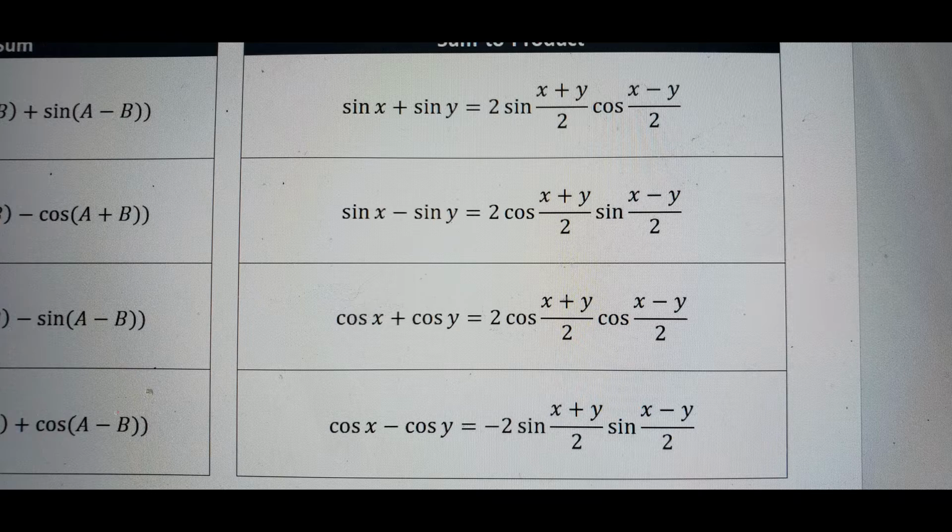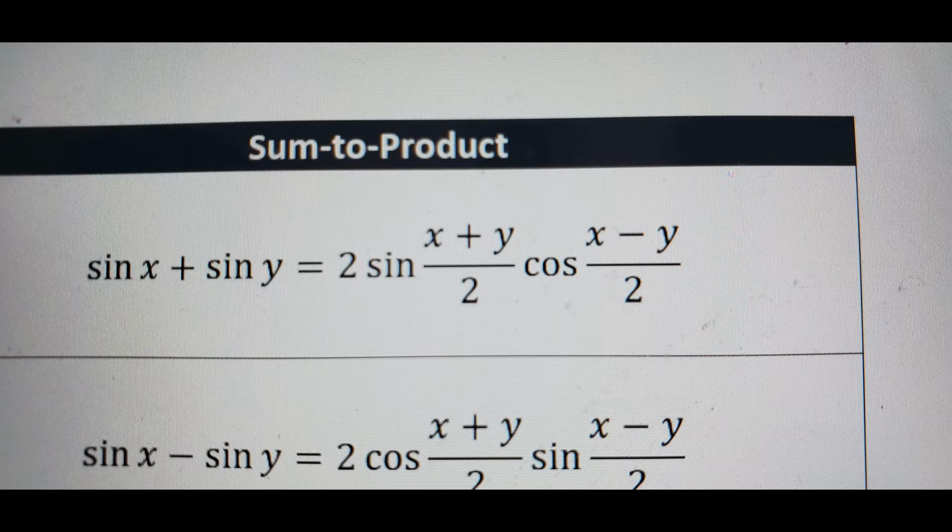There is a fraction for each of the trig functions there, so ours is already reduced to 13s. So what I did was I realized that I had sine times cosine, so I realized it was going to be that first one. And so I know it's going to be something that kind of looks like this, and all I have to do is figure out what x and y are.